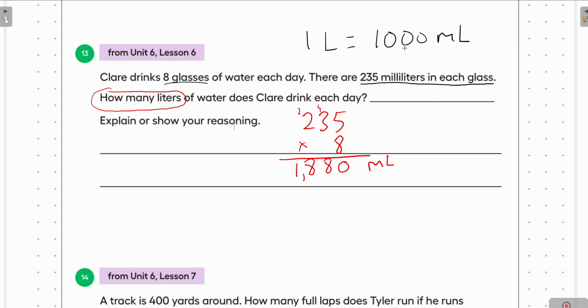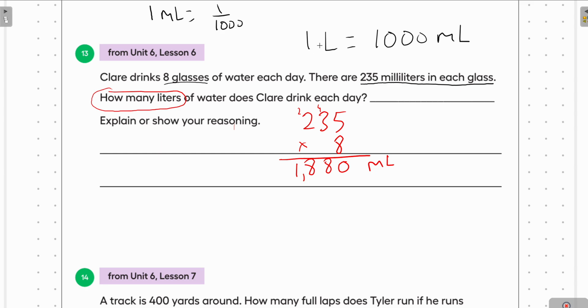So if we were converting from liters into milliliters, then we will multiply by 1,000. But we are converting the opposite way. We are converting from milliliters into liters. So that means that 1 milliliter equals 1,000th of a liter.